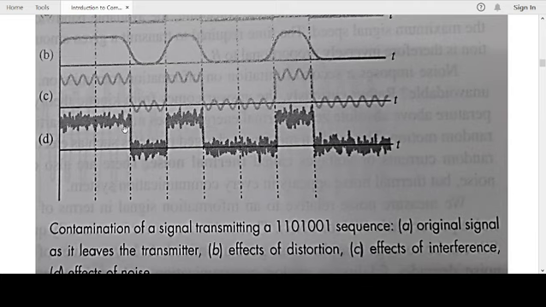If the noise level is high, or the signal to noise ratio is poor, then it's very difficult to detect the presence of 1 or 0, and this may cause some error.